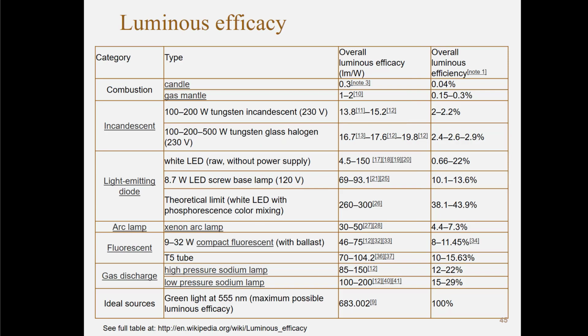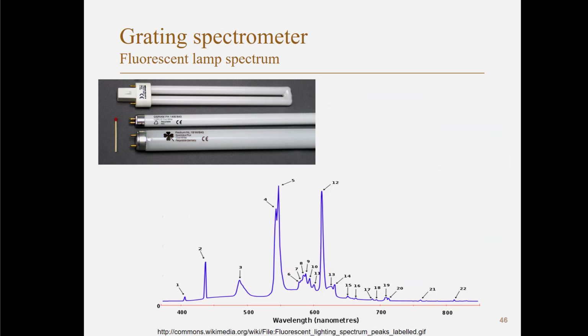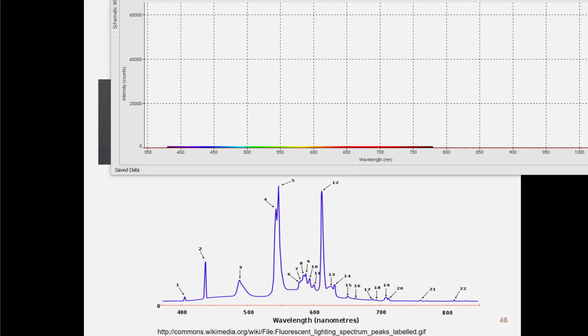And finally, as another example, let us look at the spectrum from a fluorescent tube. This was the tube above me, which I showed you earlier. Let me direct the fiber towards the fluorescent tube above me, and I can pause it like this.